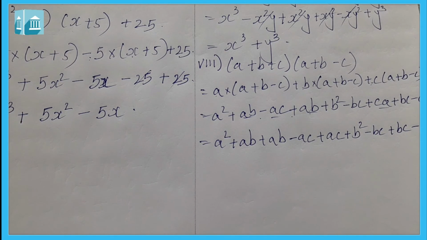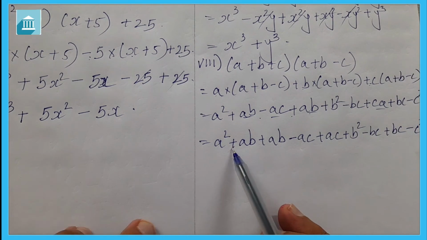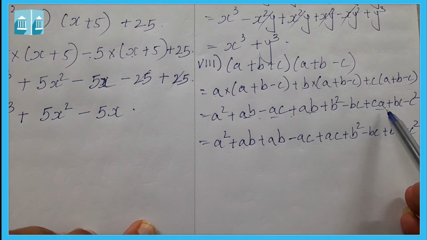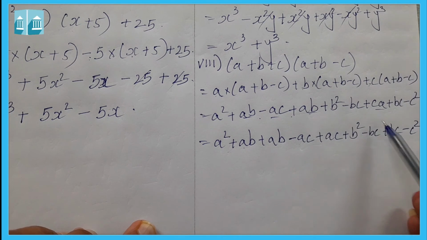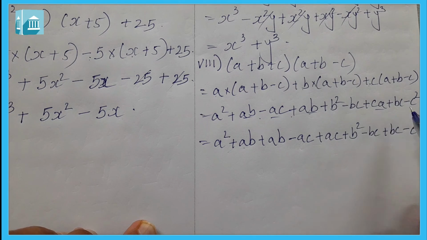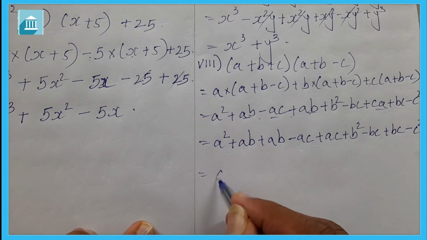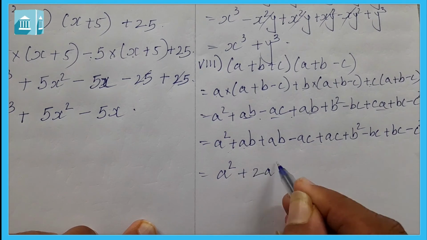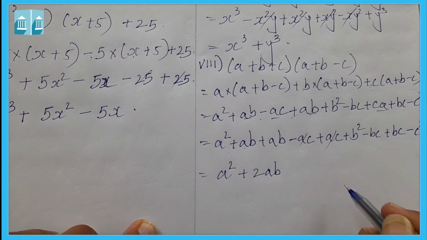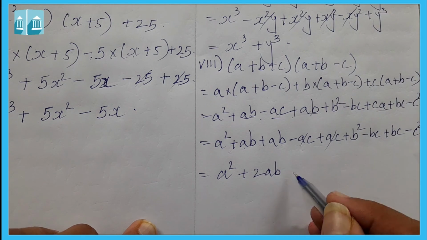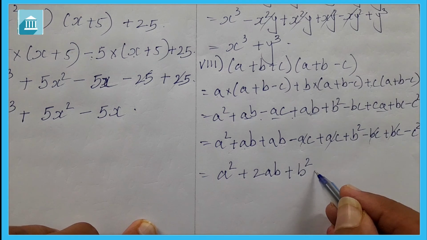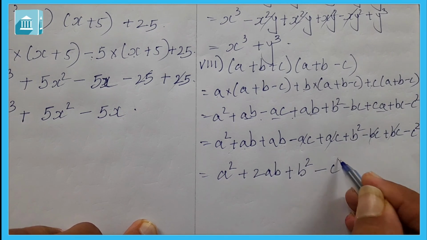So after like terms the answer will be A square plus AB, here the like term with AB is there, then minus AC with plus AC, then B square, then minus BC and plus BC. So this will be A square, AB plus AB, so plus 2AB, AC and minus AC plus AC cut, plus B square, minus BC plus BC also cut, so that will be minus C square.